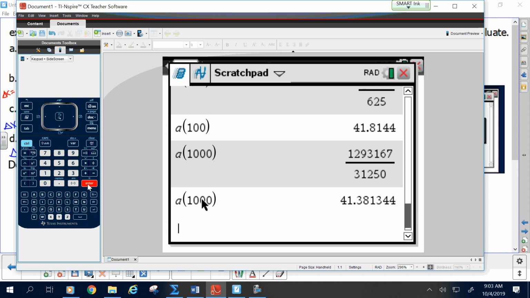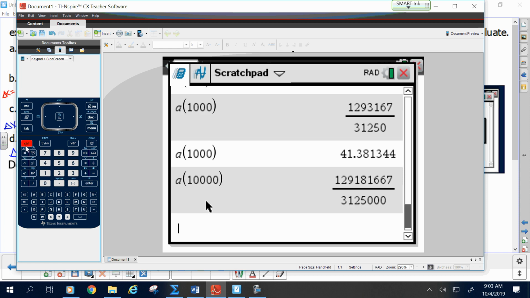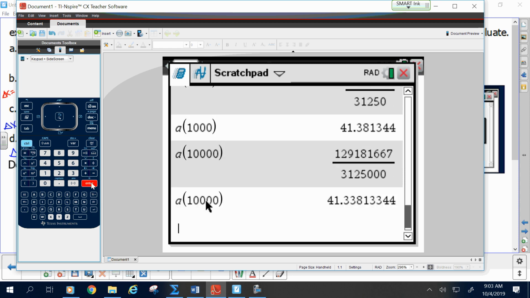You should see the change being less and less as you go, and they should start to be the same through the hundreds and the thousands. You're getting closer and closer, and boom. Okay, so it feels like it's starting to approach 41 1/3, maybe. You with me? Okay, cool.